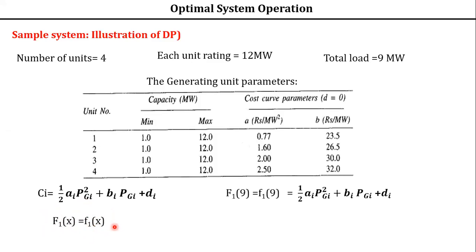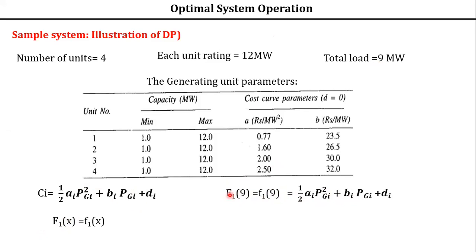In this one, let us first take the total load as 9 megawatt. To meet this 9 megawatt, what is the total generation required? Only 9 megawatt is required. So the generation here, we will consider 9 and 9. Substitute that in this equation, half AI PGI square plus BI PGI plus DI.